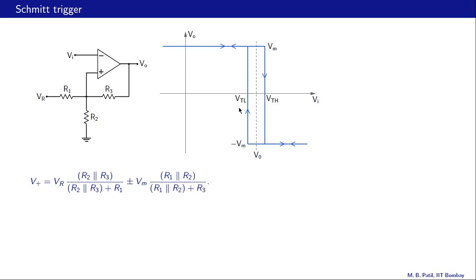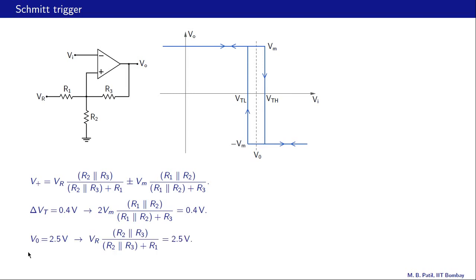And now let us look at the specs that we have been given. Delta Vt, which is the difference between VTH and VTL, has been specified as 0.4 volts, and when we subtract VTL from VTH, this term drops out and we get 2 times Vm times this voltage division factor. So that should be equal to 0.4 volts, and that is our first condition.